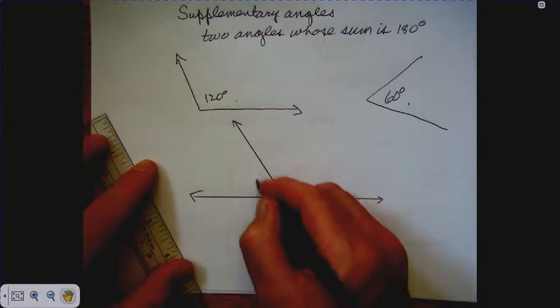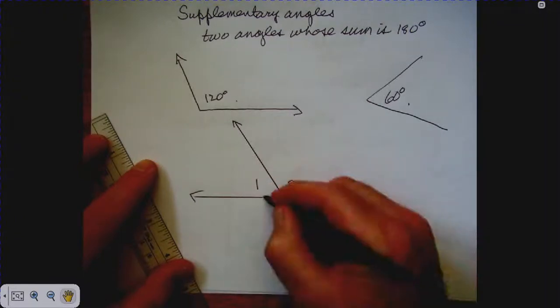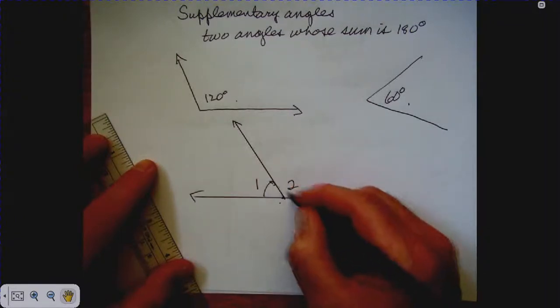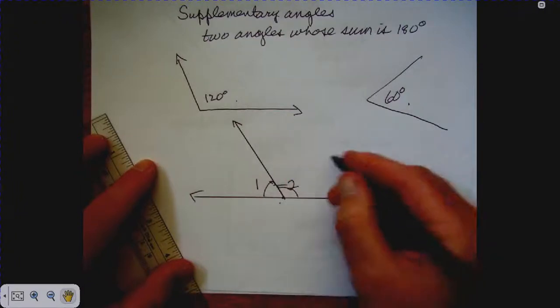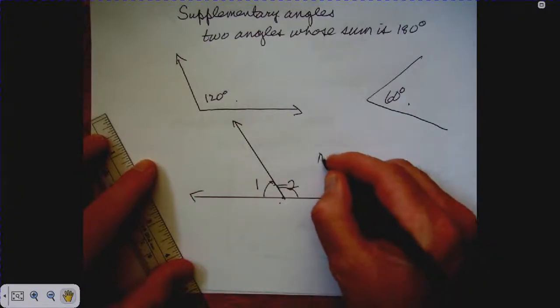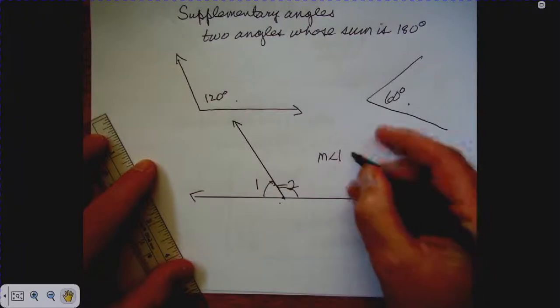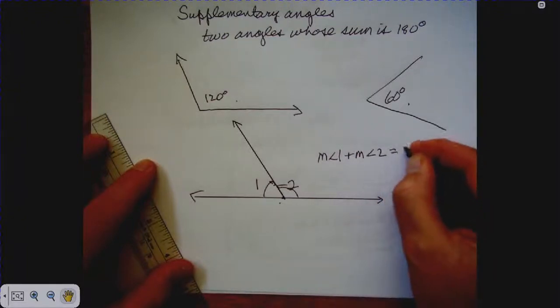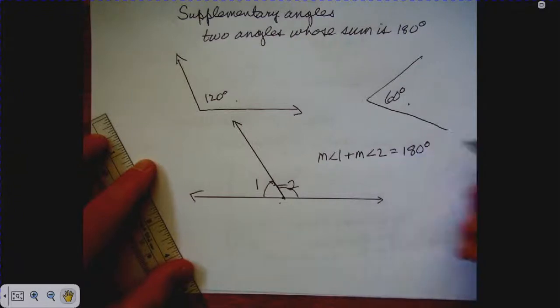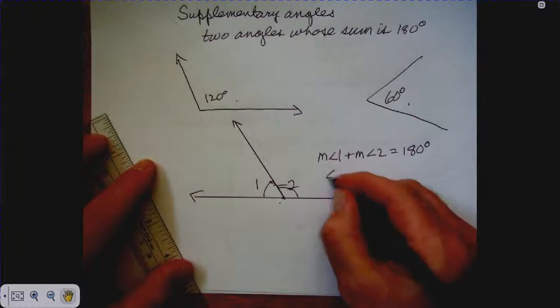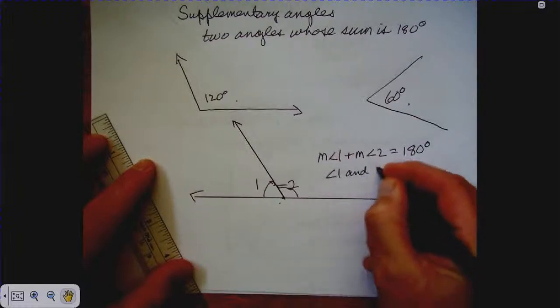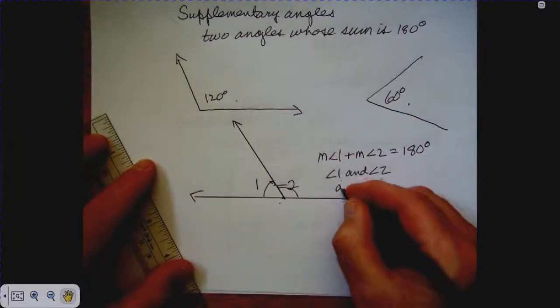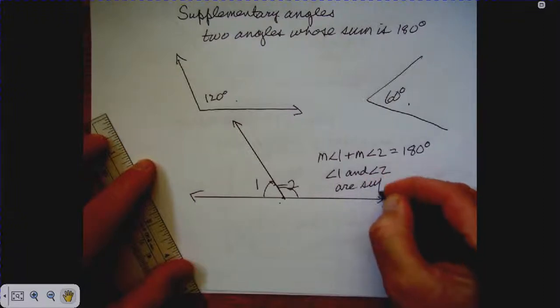I'm going to call these angle 1 and angle 2. Then the measure of angle 1 plus the measure of angle 2 equals 180 degrees, and I can also say that angle 1 and angle 2 are supplementary.